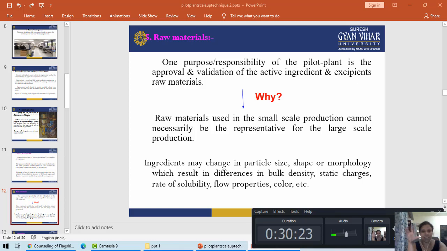As we have discussed, A and B are same, but if we are replacing a certain ingredient with another, you should check all these things, because there may be ingredients of the same category, but maybe there is a change in the static charges, or in the rate of solubility. So if the rate of solubility differs, what will happen, you may have to change the whole formulation. Okay, so you have to check it, right?